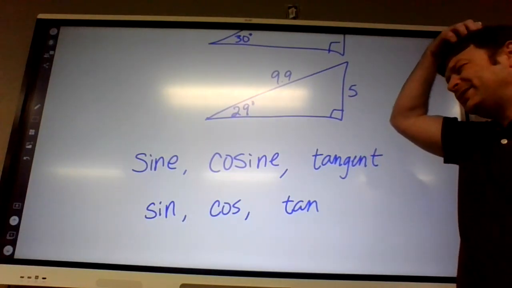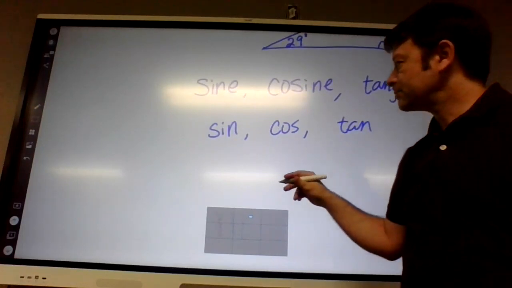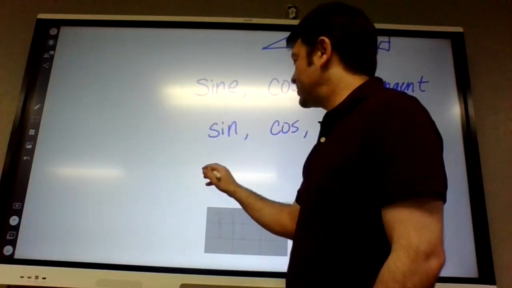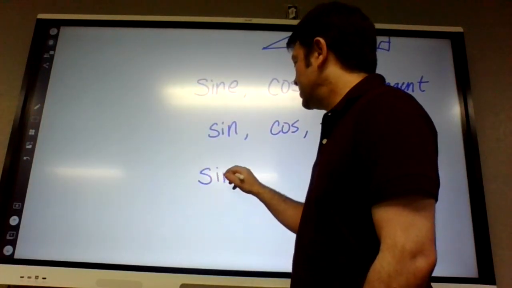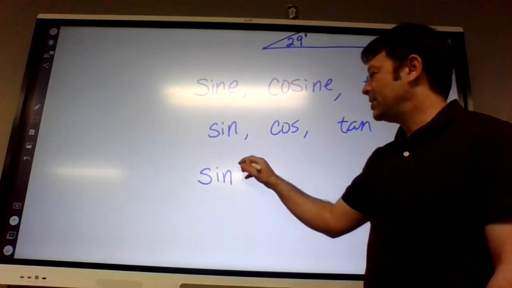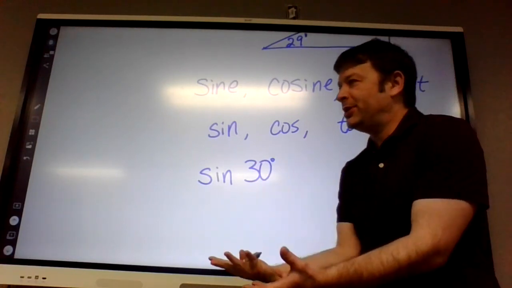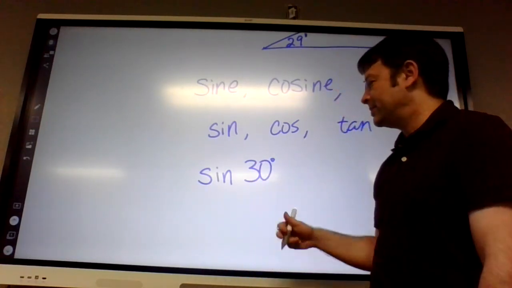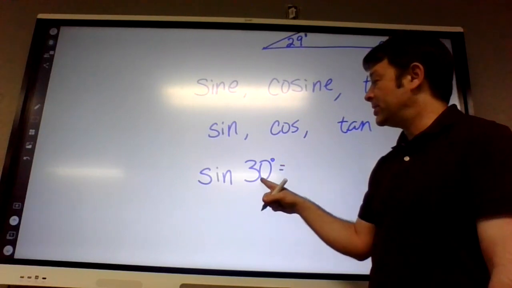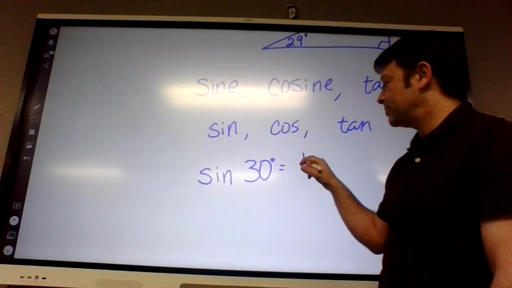Okay, so what these functions do, let's focus on sine. What the sine function does is you feed it, all of these functions, you feed it an angle. What a function does is you put one number in and it spits something else out. So you feed it an angle and it'll spit out a ratio.